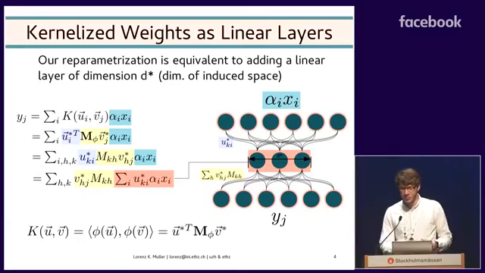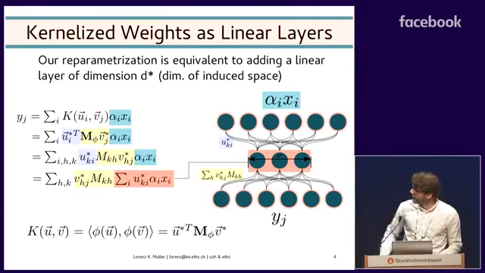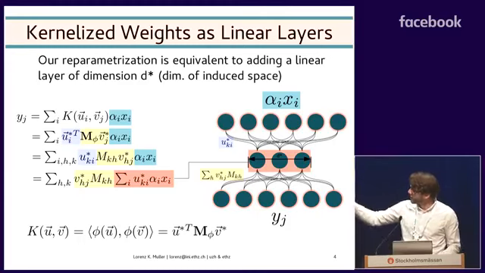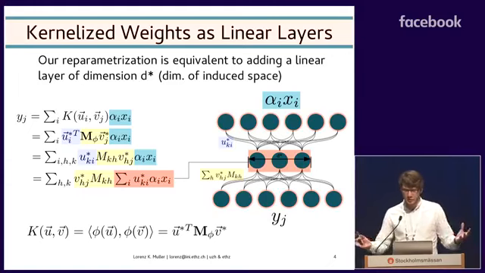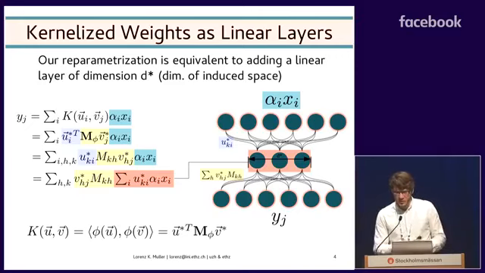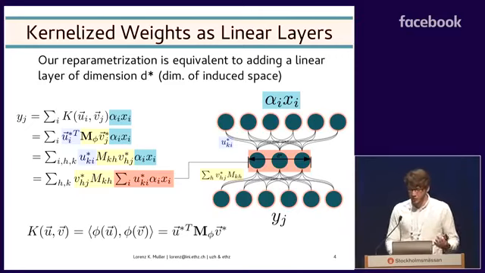So they run over dimensionality d star. Then we rearrange terms and we pull the sum over i inside. And what do we get in the little pink box? Well, you get something that looks exactly like a linear layer of a neural network connected with weight matrix U star_ki. Of course, U star_ki doesn't have the full degree of freedom of the size of your input times d star, but it's somehow constrained by what kernel you chose.